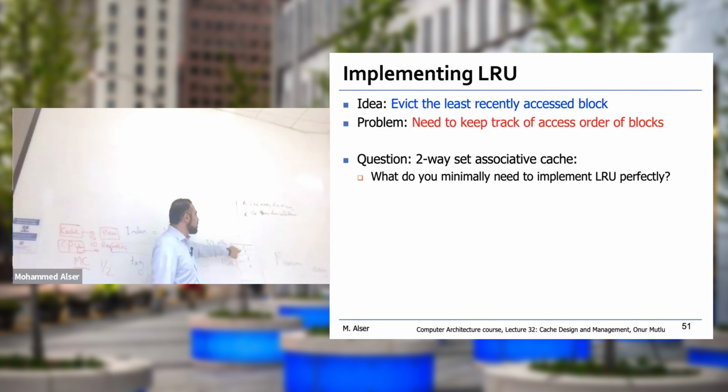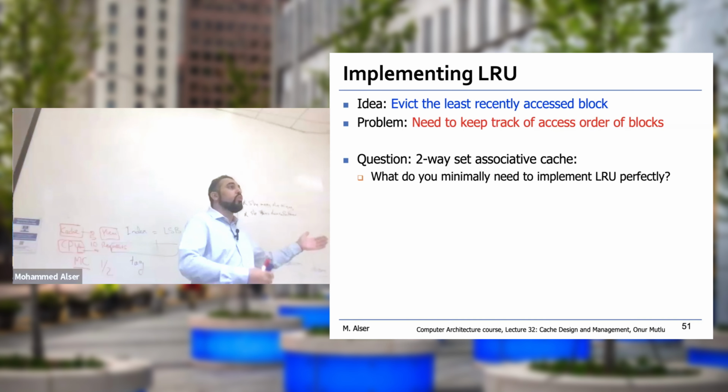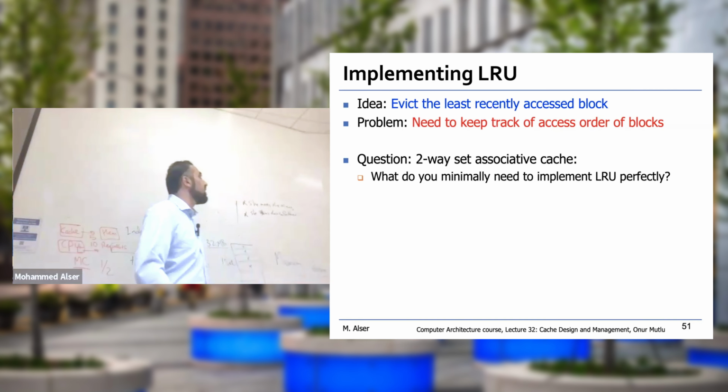I have either here or there to be replaced, right? Either this or that. It means the number of bits needed to define how recently it was used is a single bit, either 0 or 1. 0 means, for example, it was not recently used, or this one was recently used. That's it. So a single bit of overhead to add to the cache size.